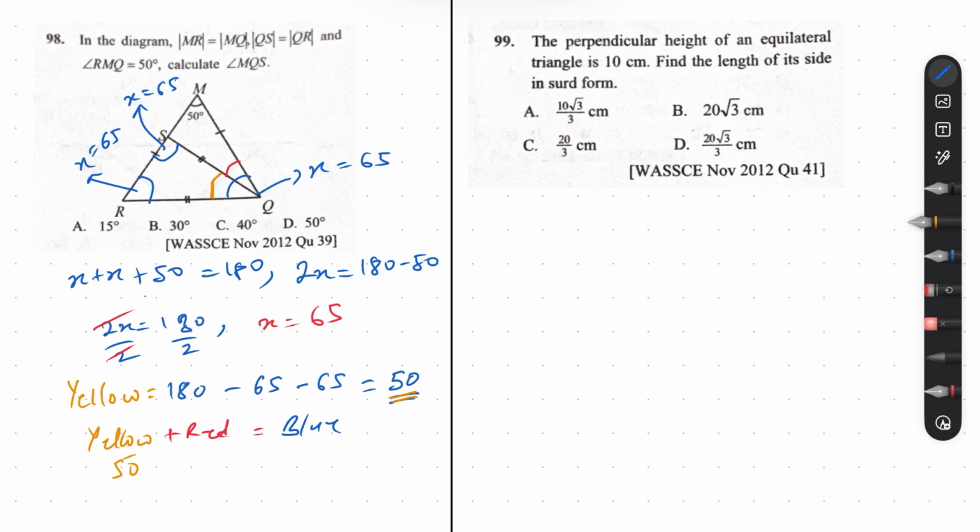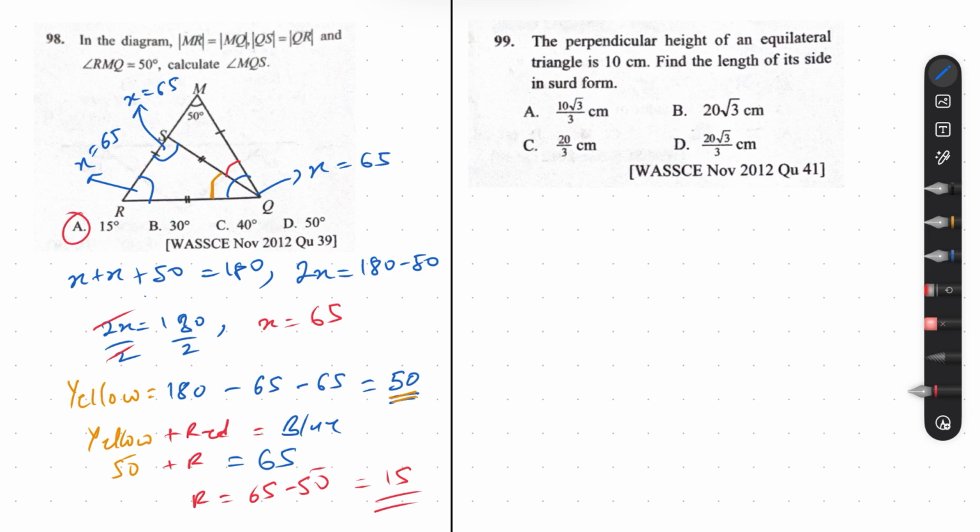And then red we don't know. And the blue is 65. So red will give us 65 minus 50, which is 15. So that angle is 15, which is A. Cool.